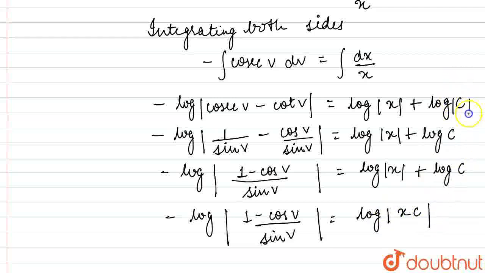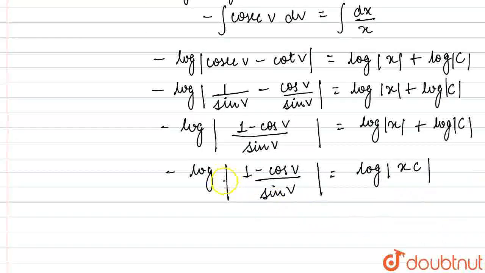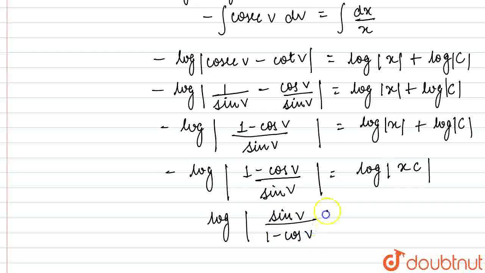Let's say this was log mod of c. So now taking this minus 1 in here, this will become the reciprocal, which means this will become log mod of sine v divided by 1 minus cos v, and this is equal to log mod of xc.